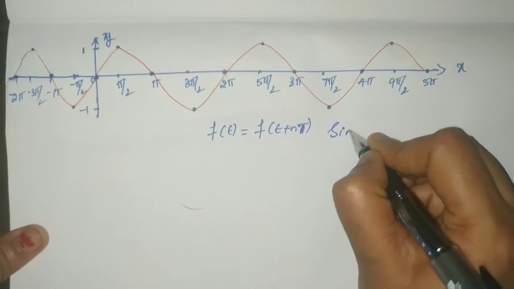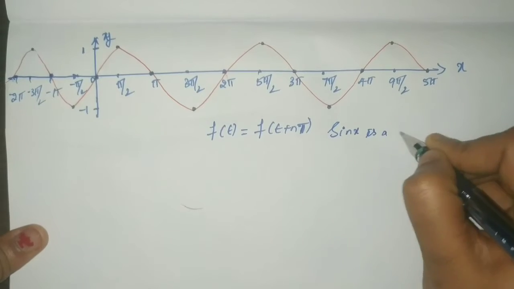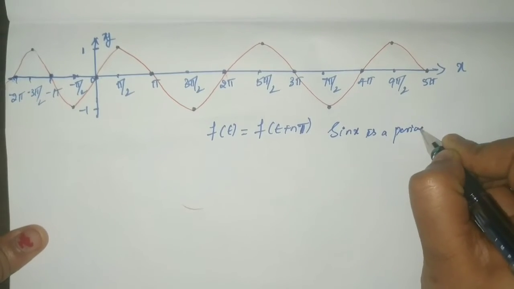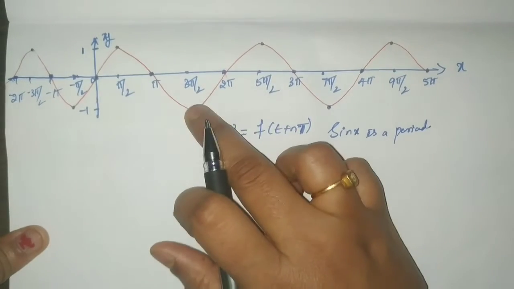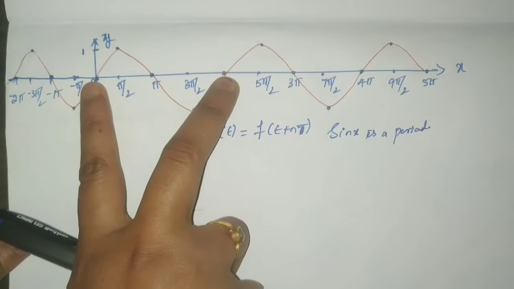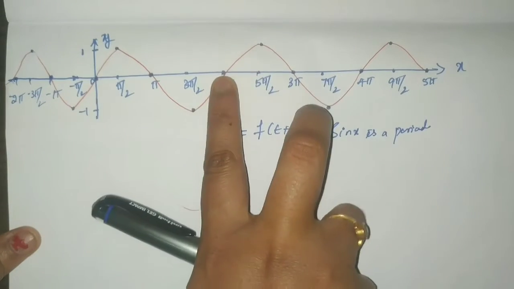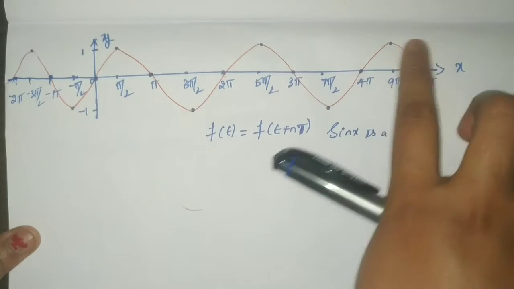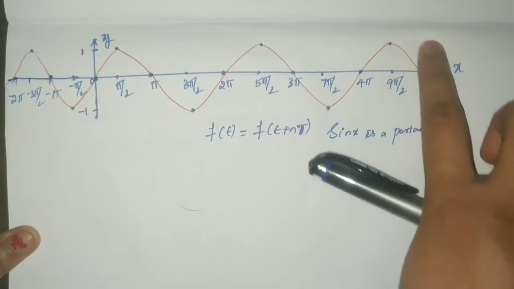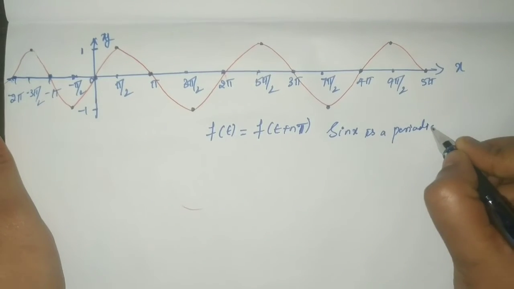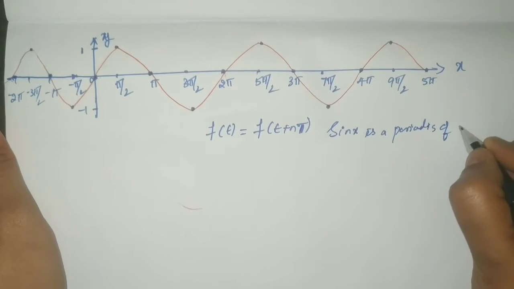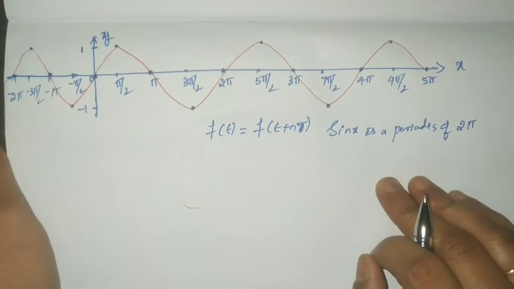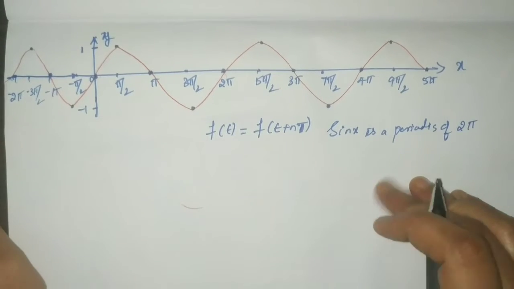When I say periodic, you can see this curve repeating for the interval 0 to 2 pi, and again for 2 pi to 4 pi. The orientation and symmetry of the curve remain the same with period 2 pi.